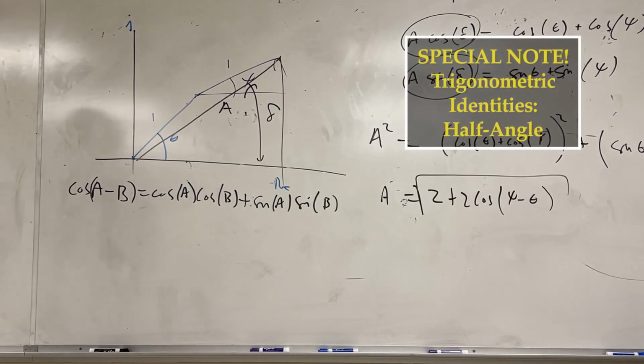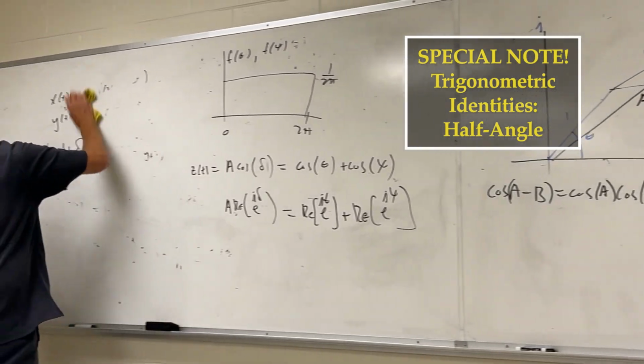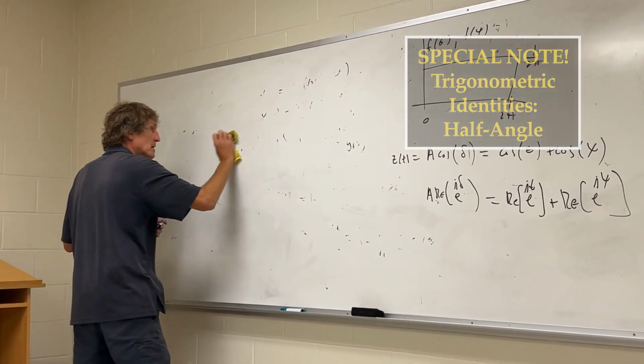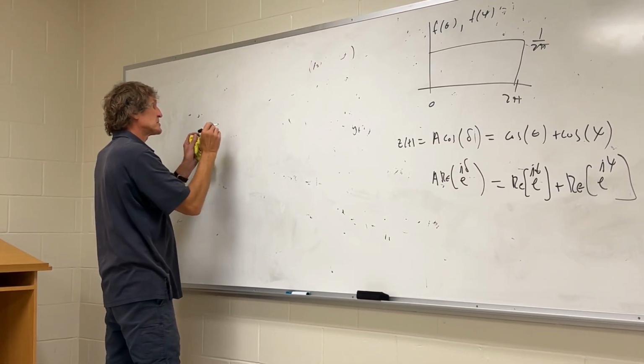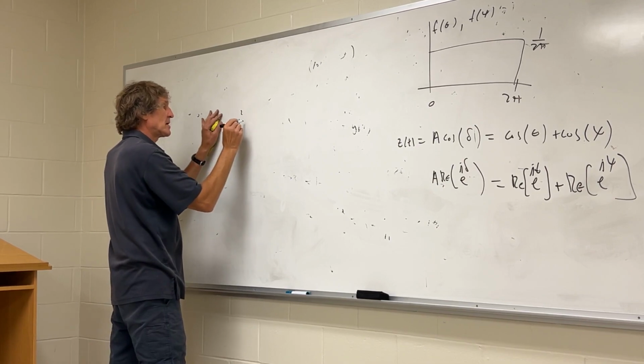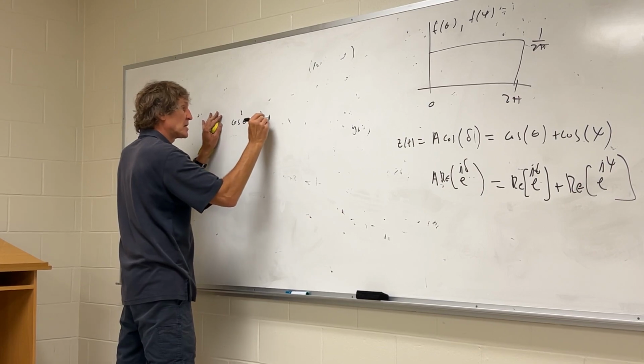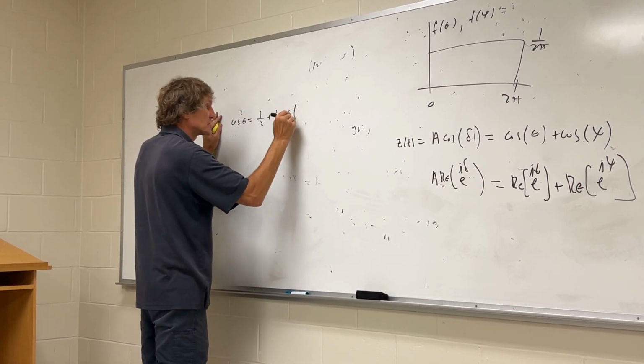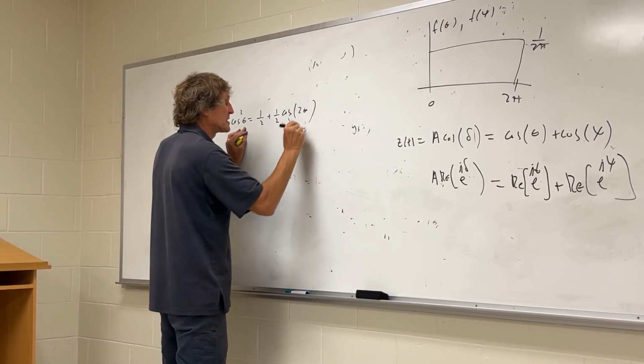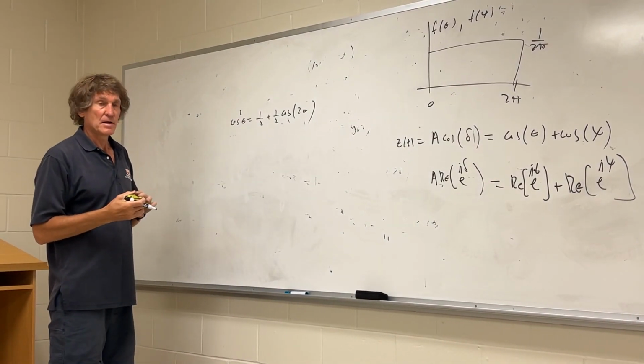Now, do y'all remember this formula? It's the half angle. So do you remember that cosine squared of theta was equal to 1/2 plus 1/2 cosine of 2 theta, right?